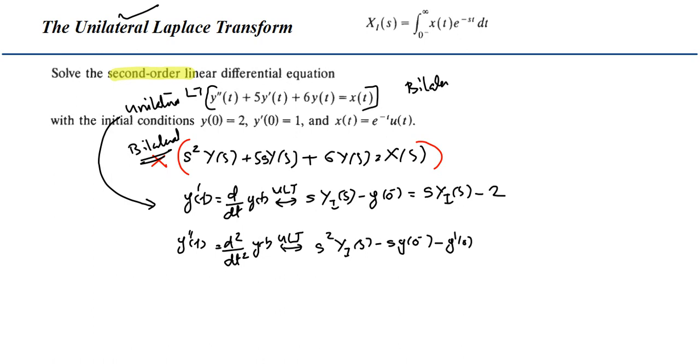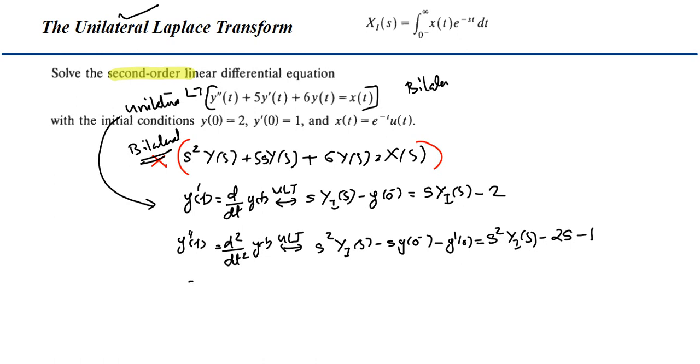Okay, if you substitute the values, it becomes s square into y of s minus 2 into s, because y of 0 is 2, minus y dash of 0, which is 1. So we are getting like this.